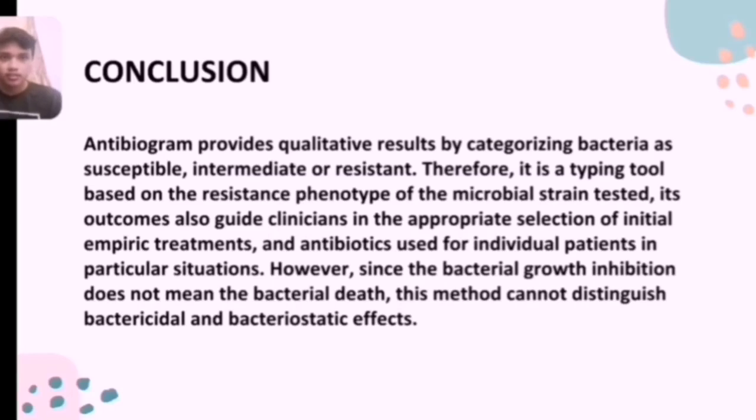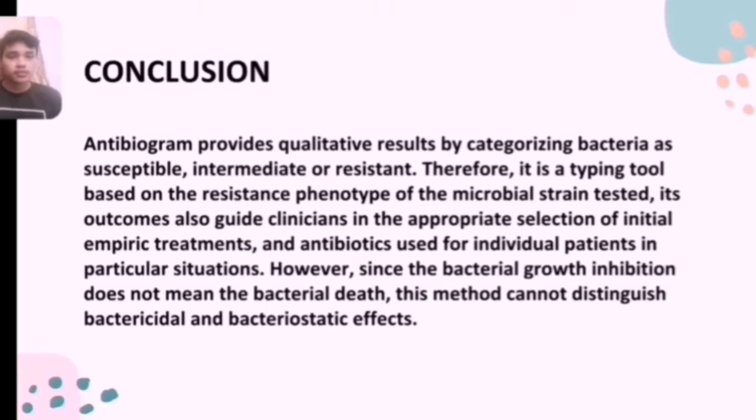Next slide. For the conclusion, the antibiogram provides qualitative results by categorizing bacteria as susceptible, intermediate, or resistant. Therefore, it is a typing tool based on the resistance phenotype of the microbial strain tested.